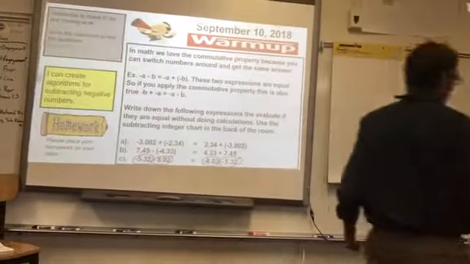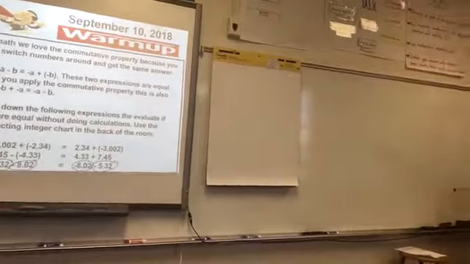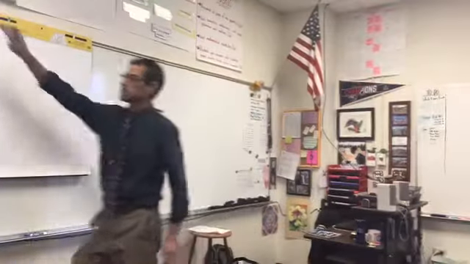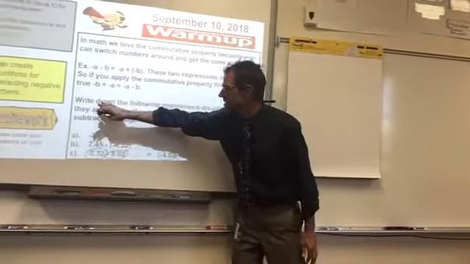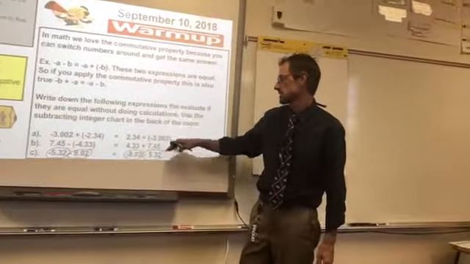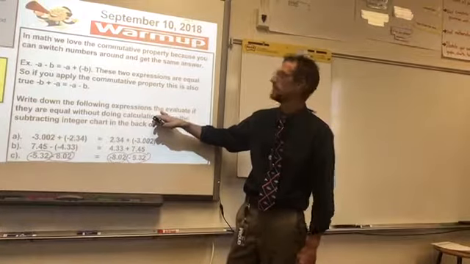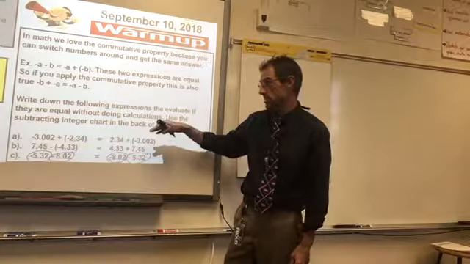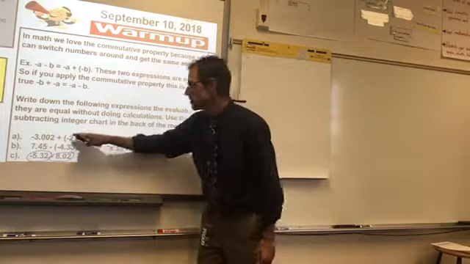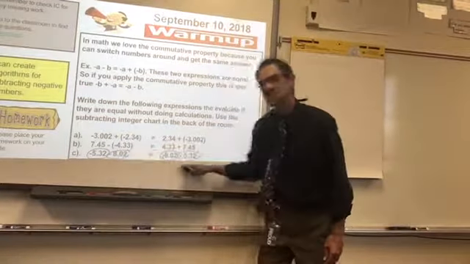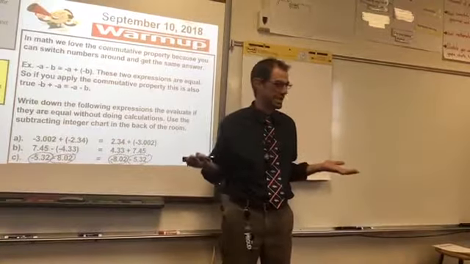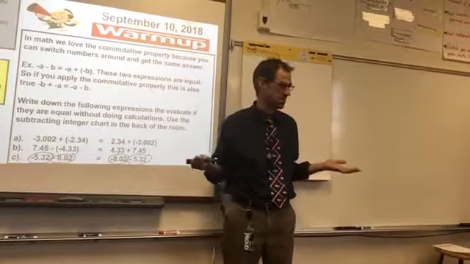So I want everyone to turn to, and you want to make sure that when it says write down the following expressions, and this should say then evaluate if they are equal, it means you needed to write these down. Because if you just write equal, you don't know what you're looking at.